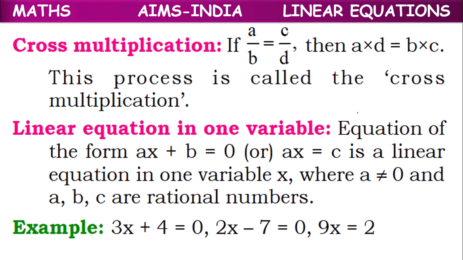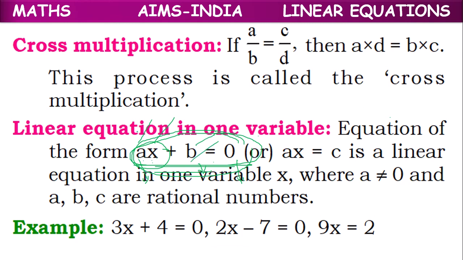Normally these equations are in the form ax plus b equal to 0, where a is a numerical coefficient, x is the unknown quantity, so ax is the x term, and b is another numerical term. So ax plus b equal to 0 is a linear equation in one variable.